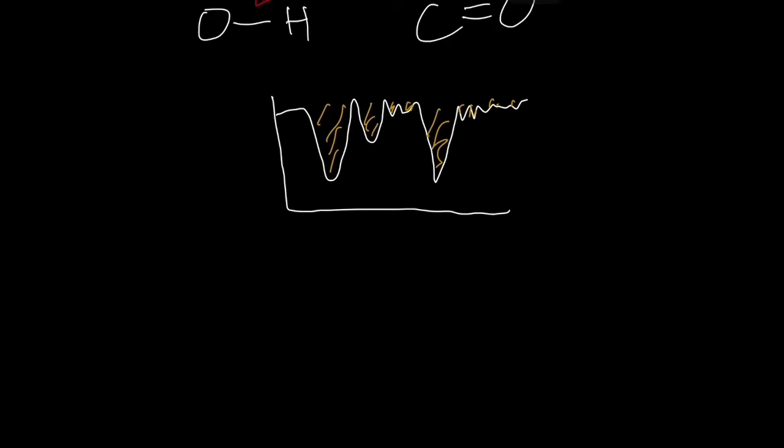In the IR spectrum, the x-axis is wave number. It has the unit cm-1. As you can see in this example, you can see a lot of absorption bands. They appear at different positions on the IR spectrum.